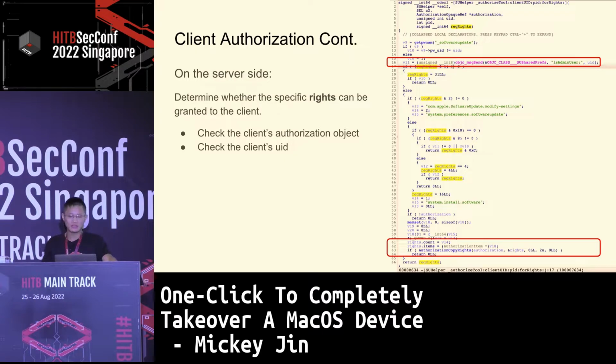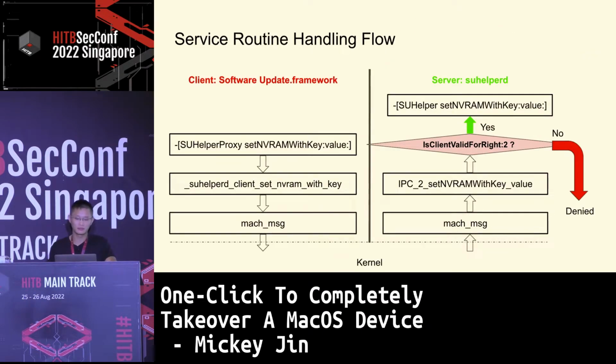Next, when the server receives the authorization object, it determines whether the specific rights can be granted to the client by checking the authorization object and the UID of the client. The following is an example of a service routine handling flow.